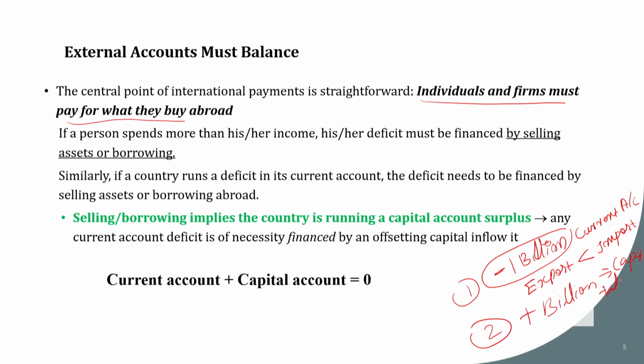So current account plus capital account equals 0. Here the current account is minus 1 billion, and that has to be paid by either selling assets or borrowing, so here plus 1 billion. When we are borrowing, in the balance of payment it will be credited. This is what I meant in the previous slide, the debit and credit part. When we are borrowing from abroad or selling our assets abroad, that money will be credited to the balance of payment account.